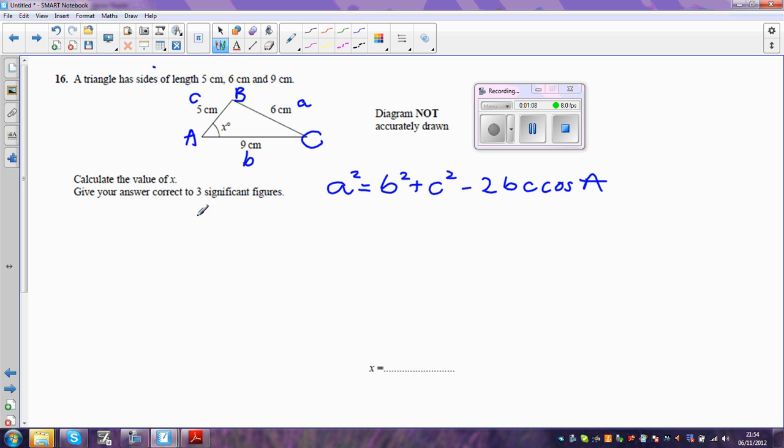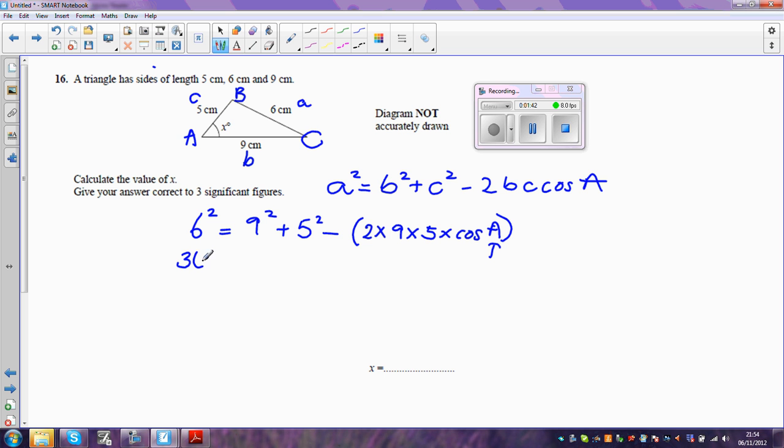So A squared, that's 6 squared, is equal to B squared, which is 9 squared, plus C squared, which is 5 squared. Now I like to put a bracket around this bit, minus 2 times B, which is 9, times C, which is 5, times cos A. And notice that what we're looking for here is cos A. What I'm going to do then is work this out.